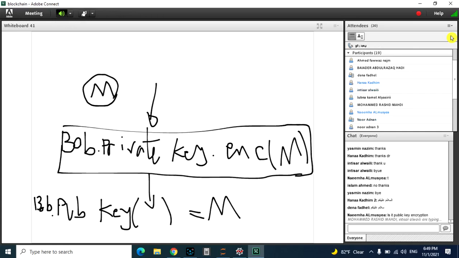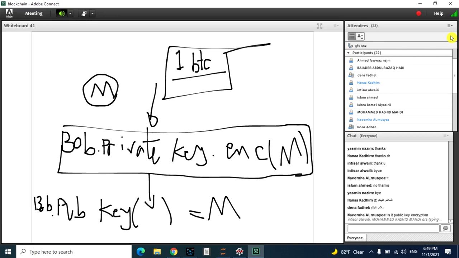For example, I want to create a transaction and pay 1 Bitcoin to someone. To show that it's me spending this money, I must put my digital signature behind this transaction. So others, by checking my signature here, can be sure that it's me.